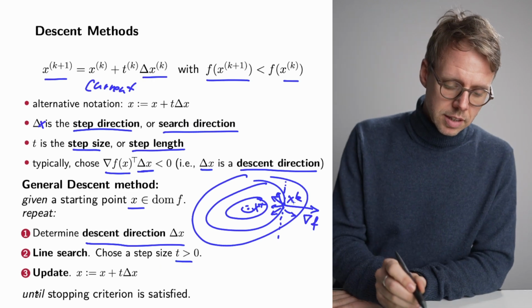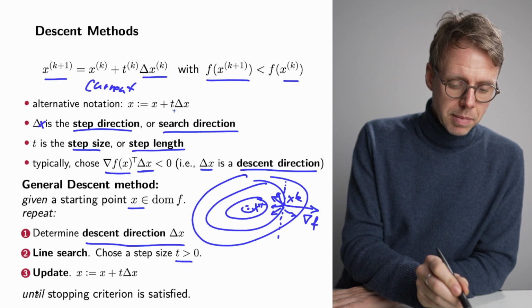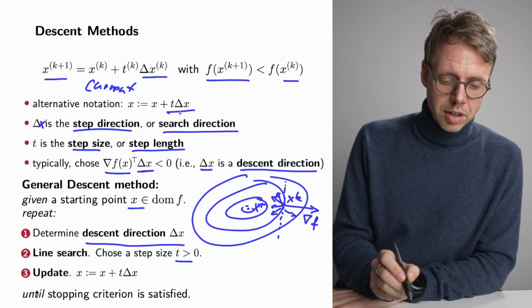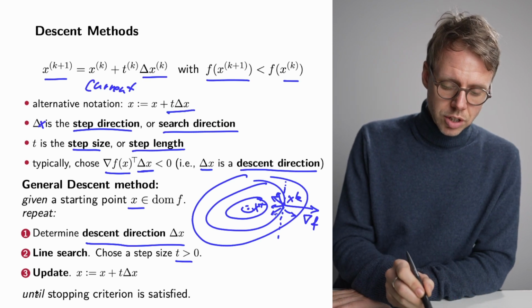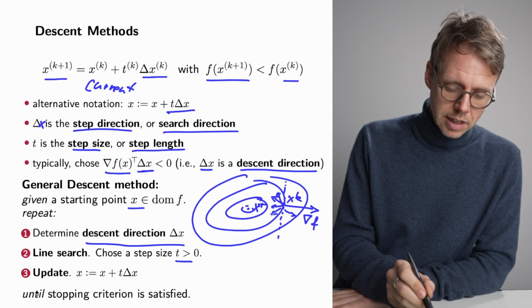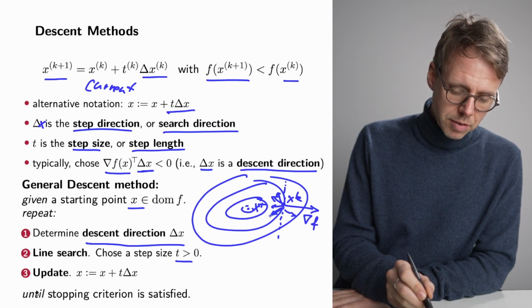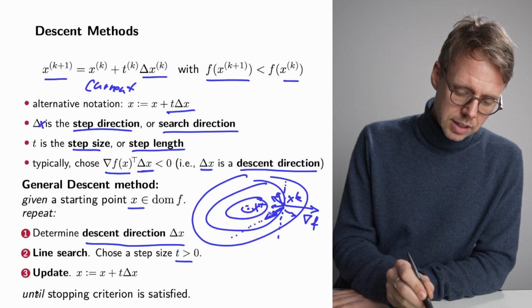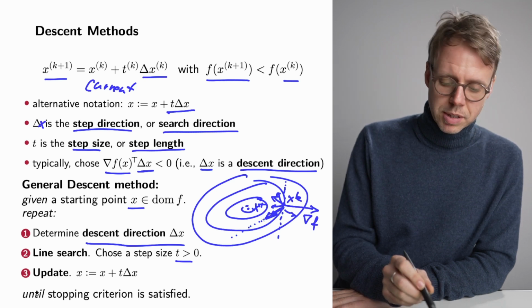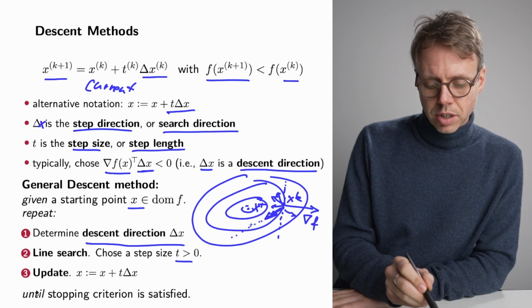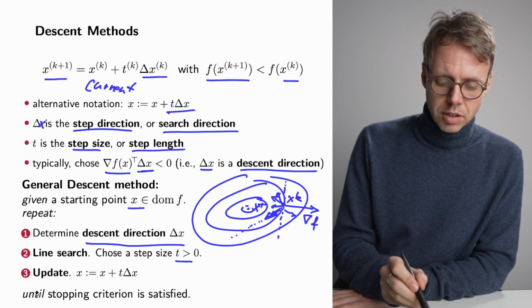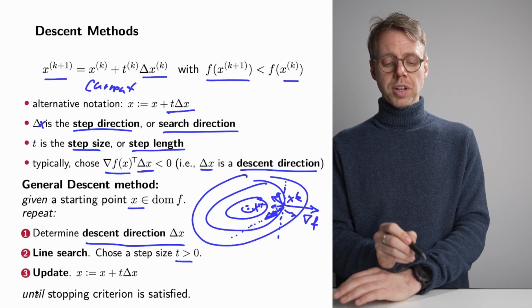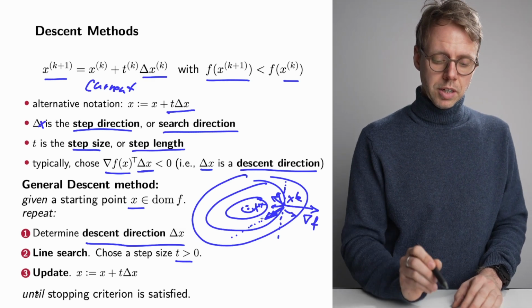So it's something that we can multiply with our current descent direction. The step size basically tells you how far we would go along this line. So if this is our descent direction, if you choose a step size that is larger than 1, you would go over here. If you choose a step size that is smaller than 1, you would go here.